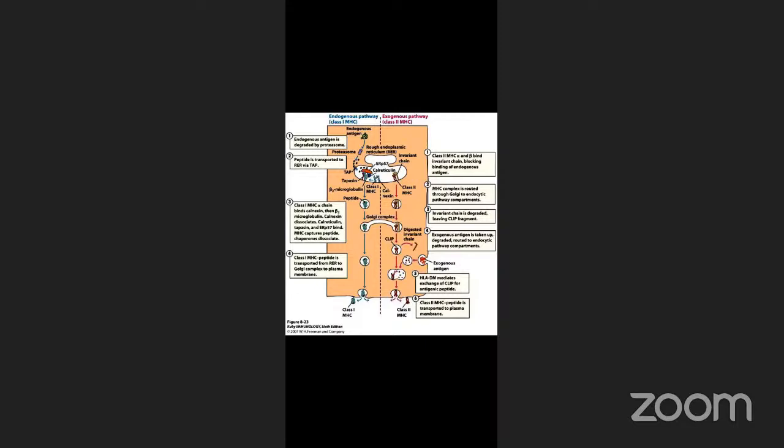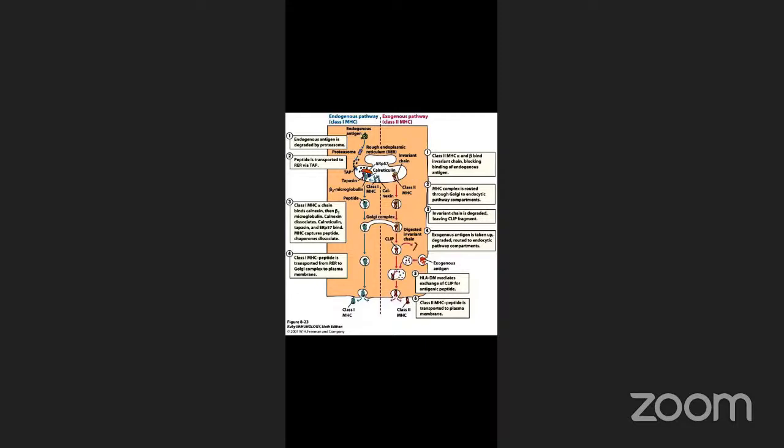TAP is the transporter, and the rough endoplasmic reticulum contains different types of protein molecules, like calreticulin and tapasin. It also contains MHC molecule 1 and 2 in inactive form, not collectively, but it is there, not in active form.